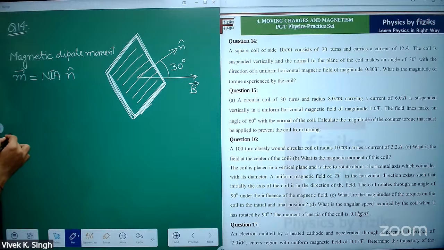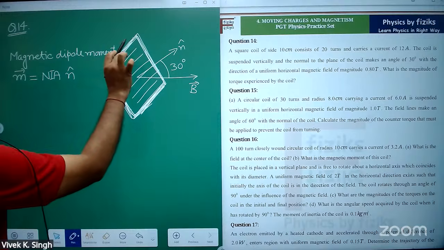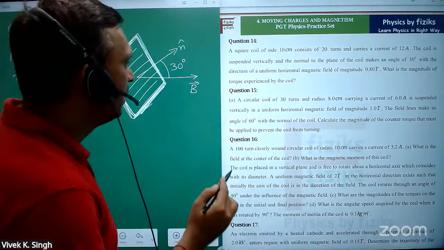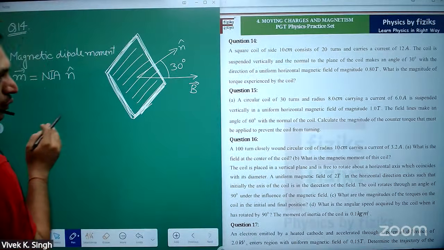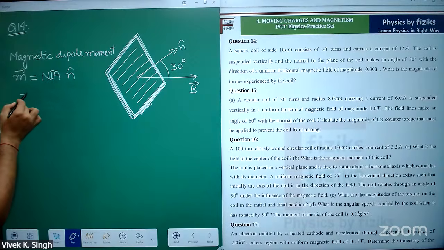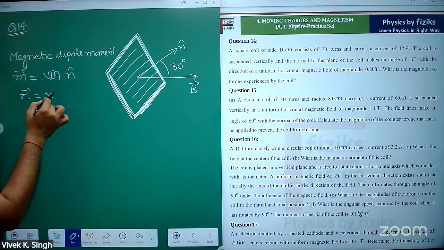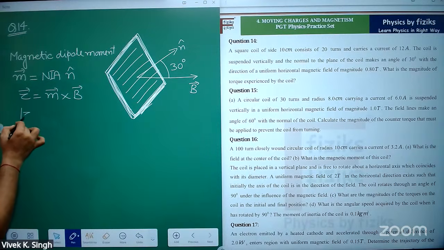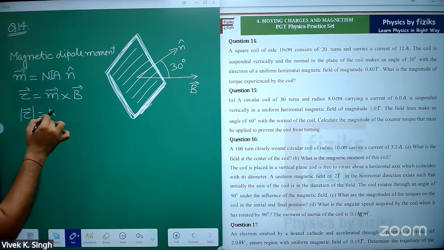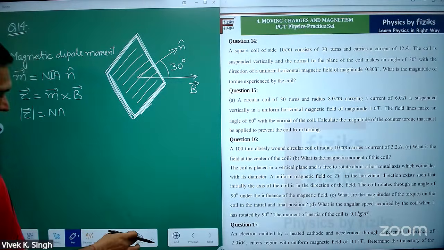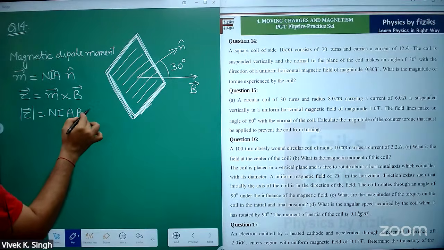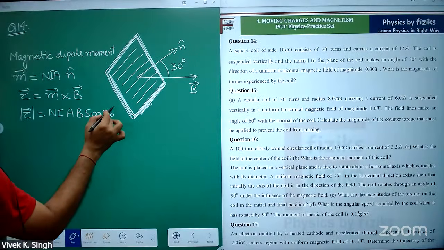And what should be the torque? Whenever a dipole is placed in an external field, it will experience torque and the dipole will try to align in the field direction. So torque is given by M cross B. So you have to find the magnitude of torque. So that will be given by NIA B sine of 30 degree.